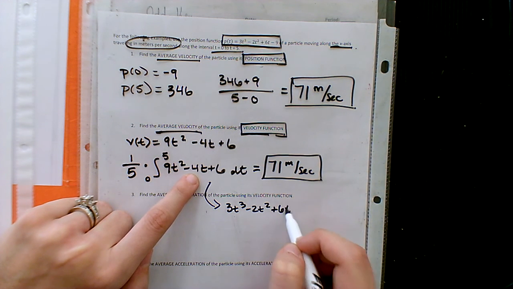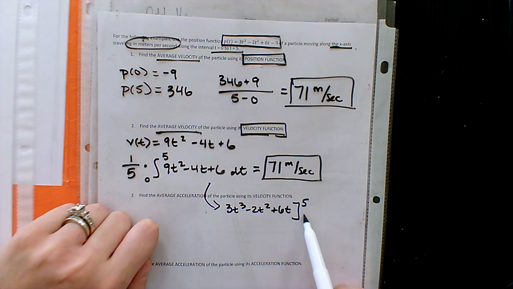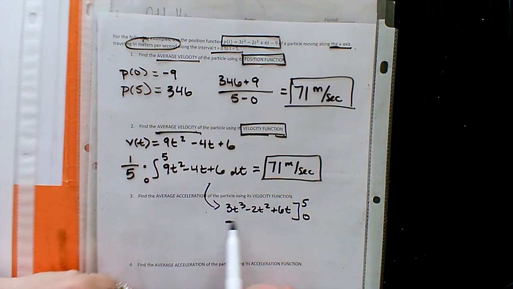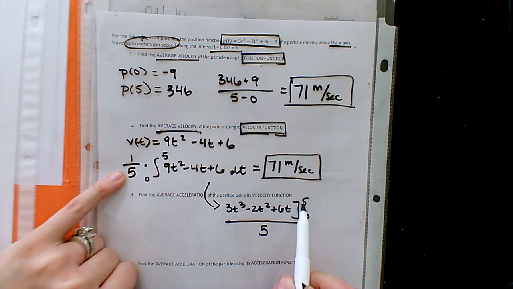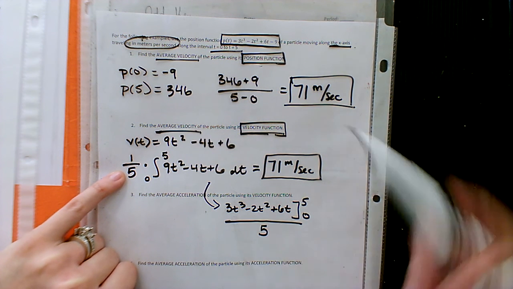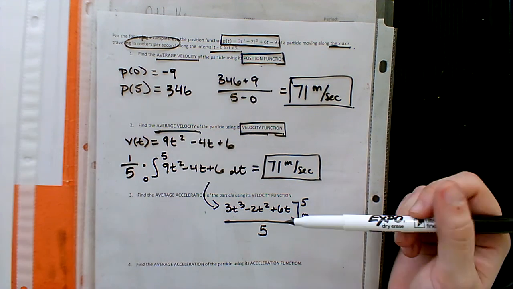The thing is, though, you don't need the plus c because you know your bounds. And then all of this would be divided by 5. So if you do top bound minus bottom bound, with the bottom being 0, and plug in 5 for all these, divide by 5, you're going to get 71. Yep, if you were to do it by hand.